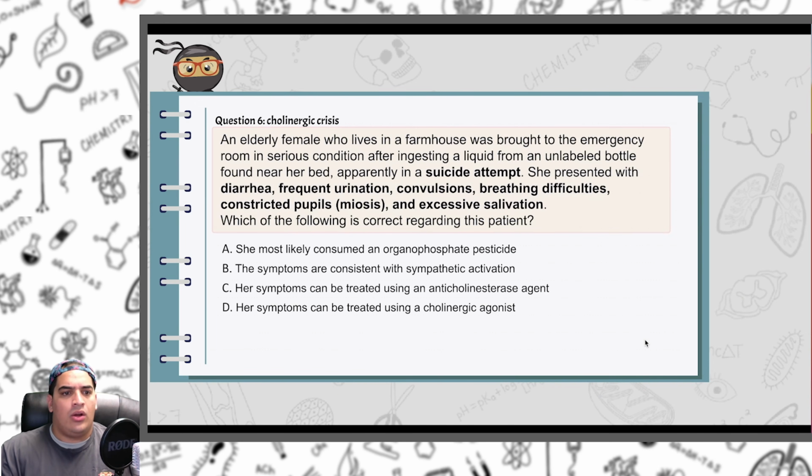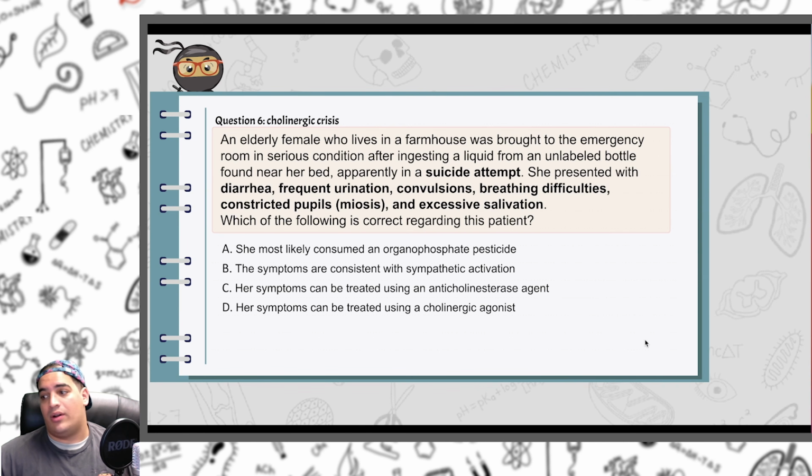All right. Cholinergic crisis. An elderly female who lives in a farmhouse was brought to the emergency department in a serious condition after ingesting a liquid from an unlabeled bottle found near her bed, apparently in a suicide attempt. She presented with diarrhea, urination, convulsions, breathing difficulties, constricted pupils, and excessive salivation. So remember the mnemonic that we talked about was dumbbells. Diarrhea, urination.